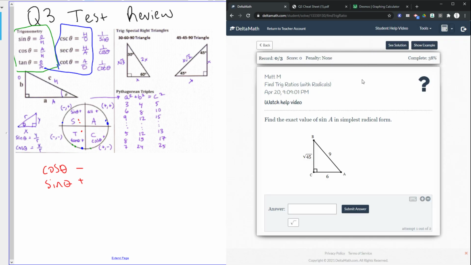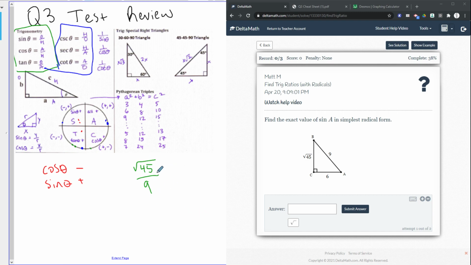Okay, now we are doing trig ratios. We have radicals this time, so we're going to simplify some stuff. So we have sine of A. A is going to be this angle here, opposite. So root 45 over hypotenuse 9.